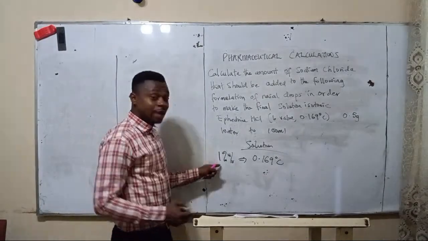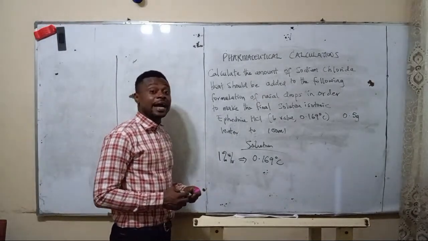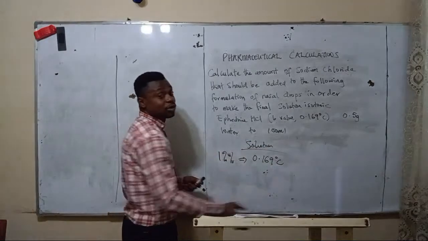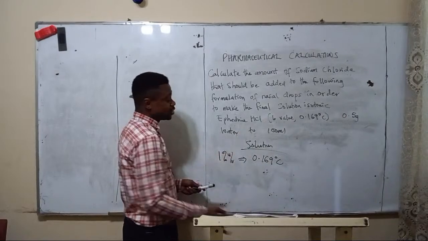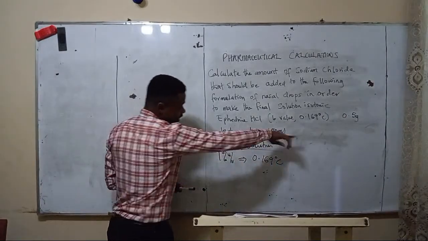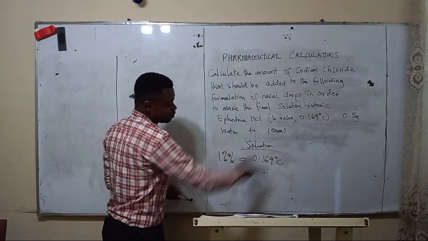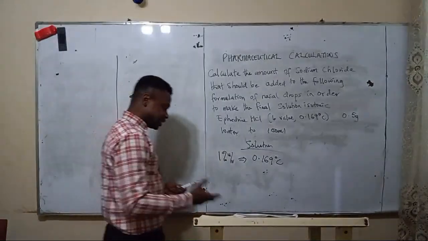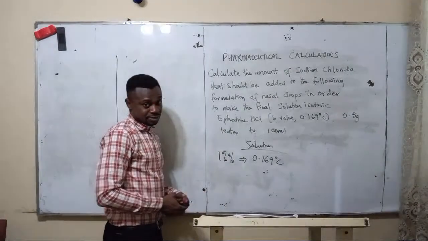So remember that 1% weight in volume is the same as saying 1 gram in 100 ml. Thank God the entire solution is in 100 ml, so there's no need to convert it again. So simply say 1 gram in 100 ml will depress by 0.169 degrees Celsius.